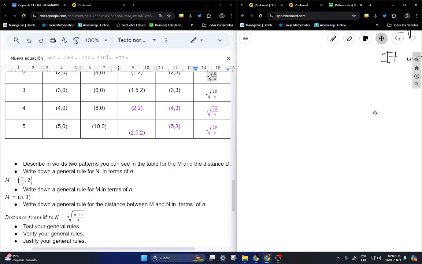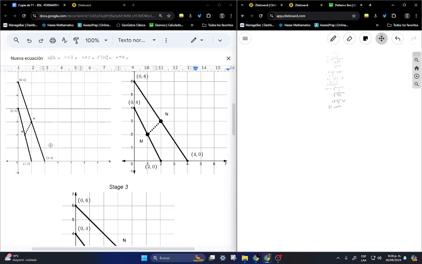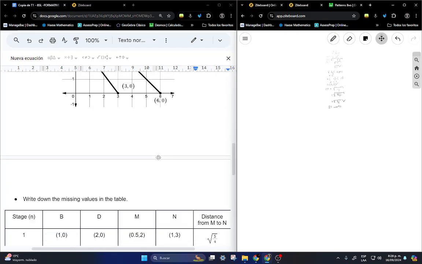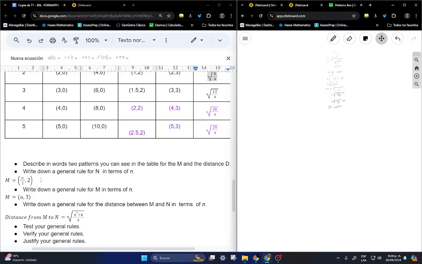Now, what about the justify? So justify is just basically using the context, which remember, we are talking about coordinates, midpoints, and distances, to explain where your general rules come from. So, for example, you could have said in an organized way this.